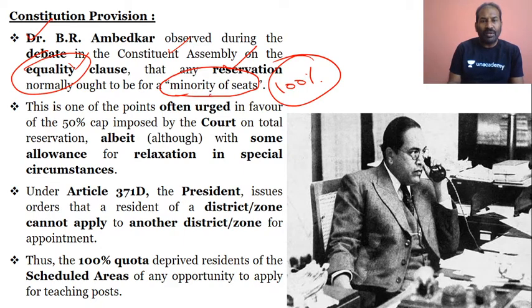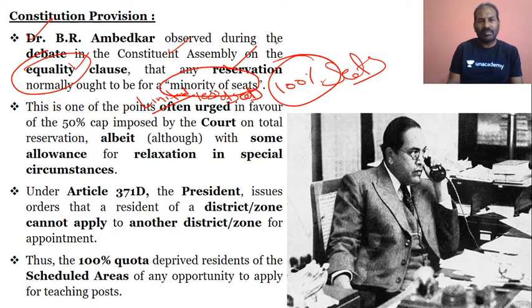So minority of seats, please understand, here it is not minority-majority. Here it is talking about minority in the sense of fewer seats, I mean limited seats. So reservation has to be for limited seats, not for 100% seats. That is the concept.